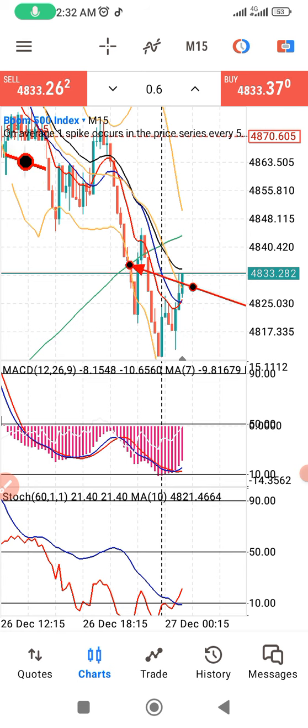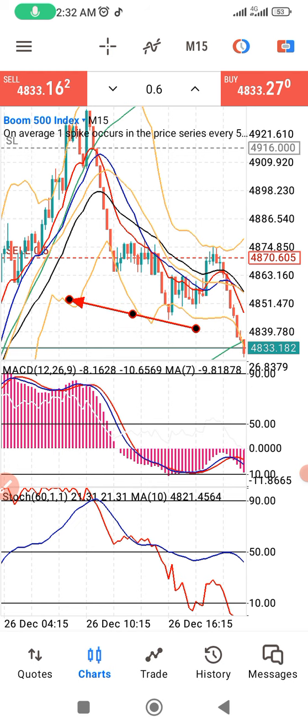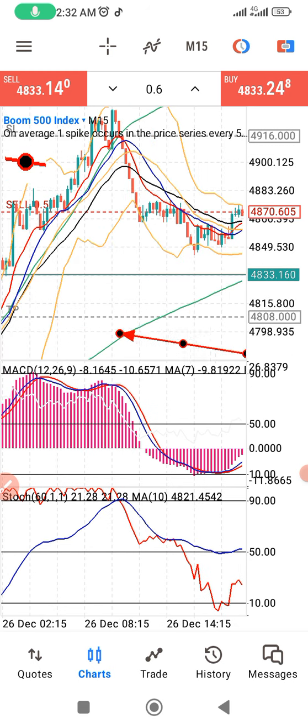So we have established that whenever price is above the middle Bollinger Band, this middle Bollinger Band of period 130, it is a sign that we are in an uptrend.